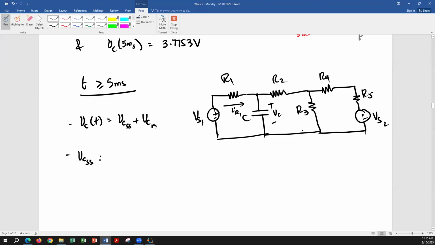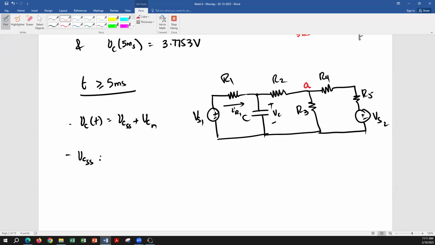If I know this voltage, then I can easily figure out what this voltage is going to be. Call this node A. If I know the voltage at node A, then of course I can easily find out the voltage between R1 and R2.